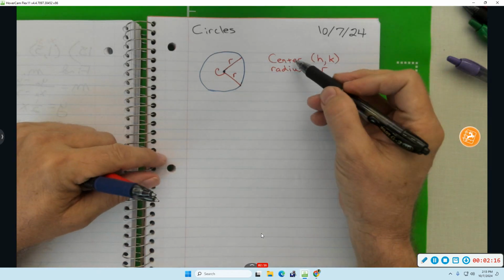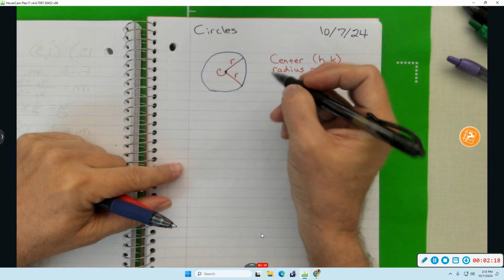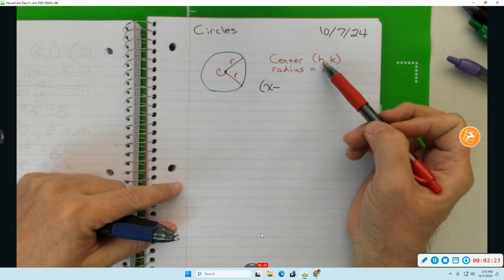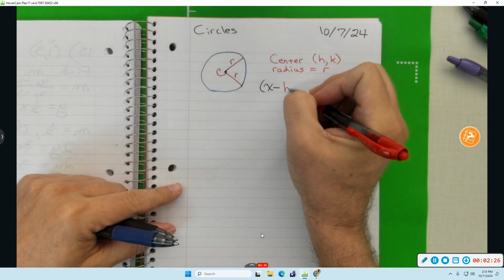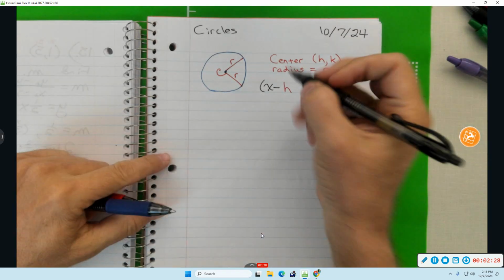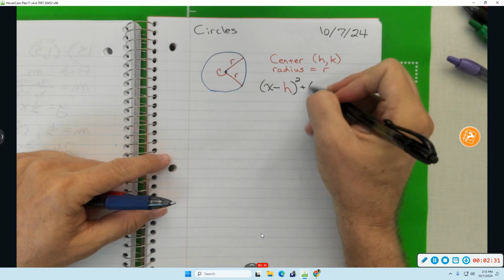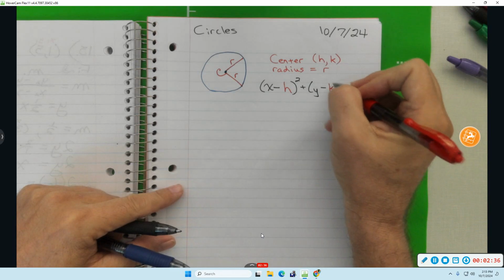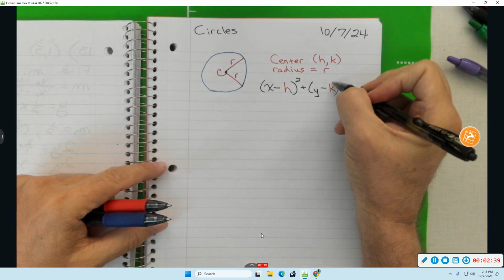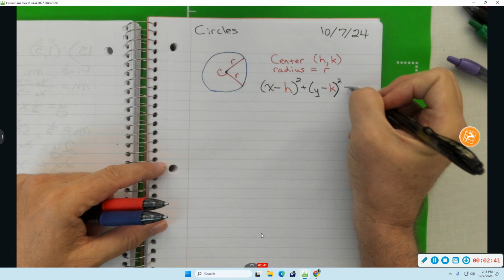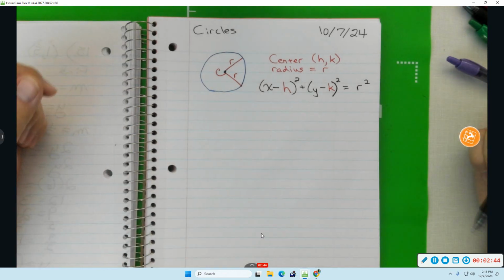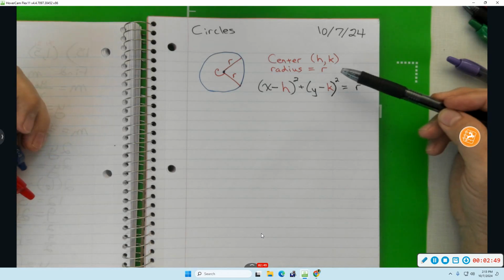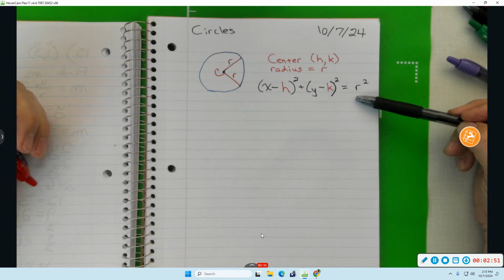If you know the center and the radius of a circle, you can write the equation in the form (x minus h) quantity squared, plus (y minus k) quantity squared, equals r squared.